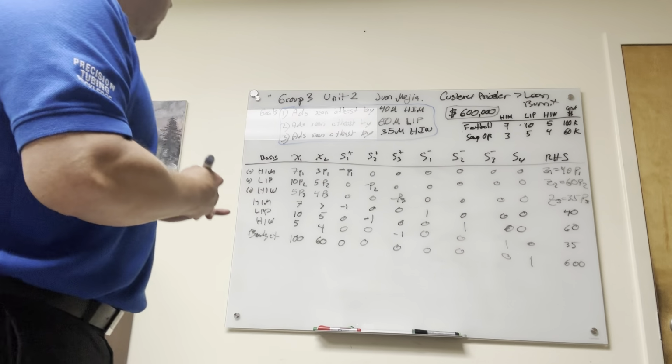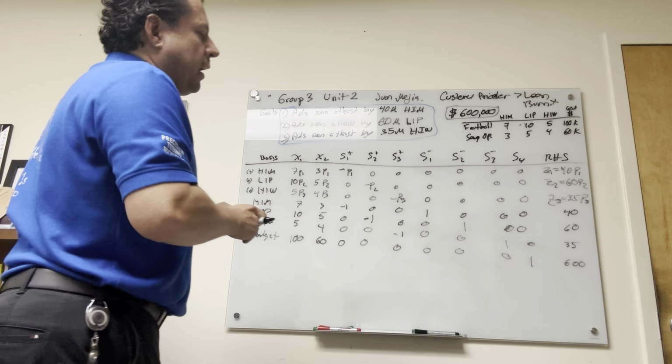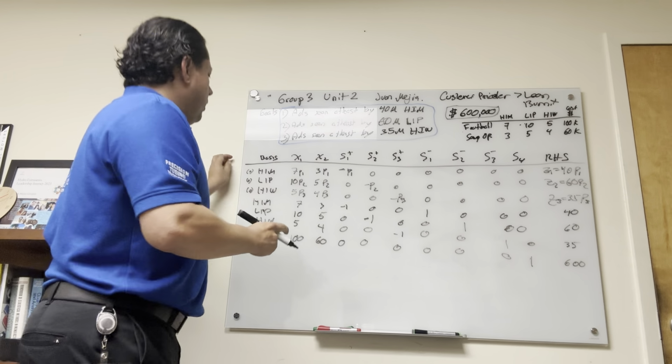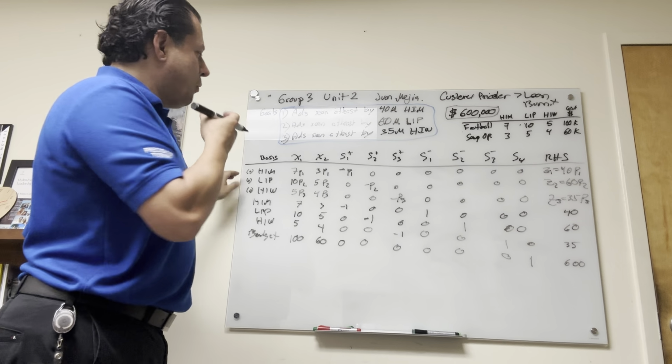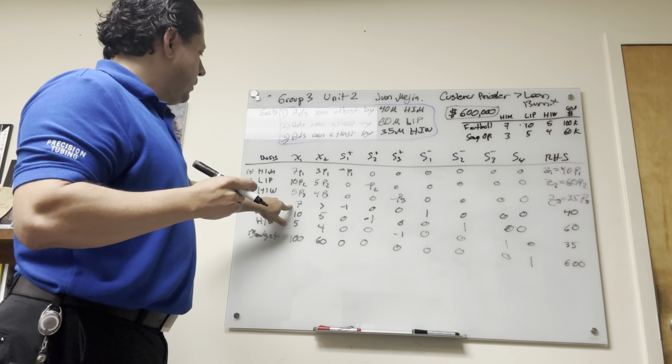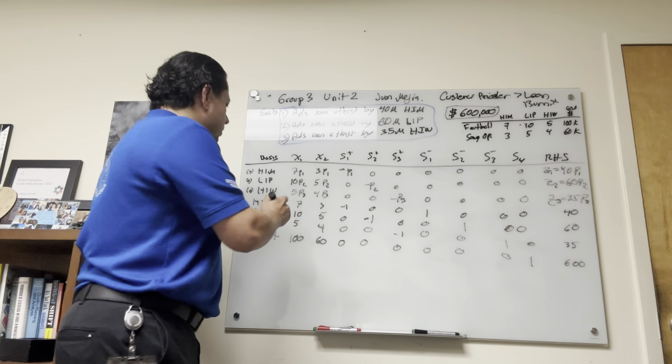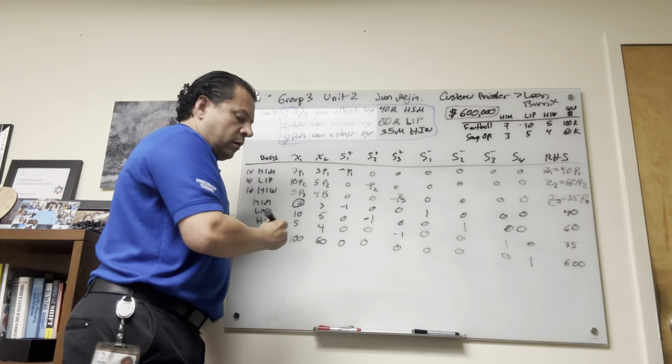Okay, so in this case, we're going to apply the ratio in the row, and the most positive is number 7, so we're going to pivot on number 7 right here.